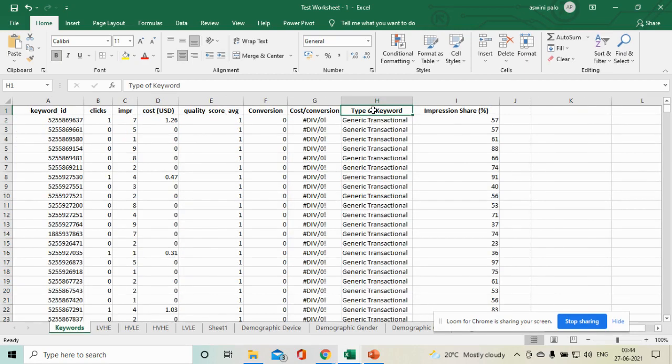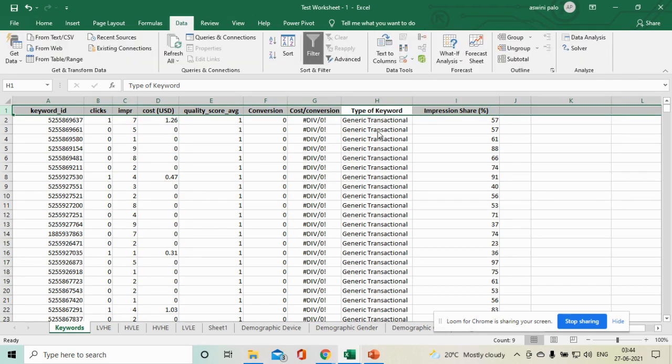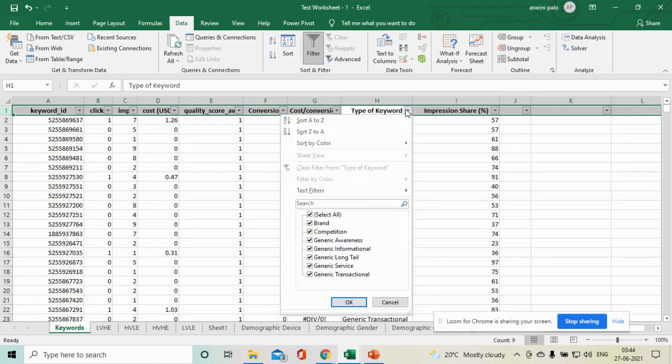Now let us have a look at what exact keywords they have given us. When you apply the filter here, you will be able to see different types of keywords, like brand, competition, generic awareness, generic informational, generic long tail, generic service, generic transactional. In some cases, they merge all of them into generic itself.